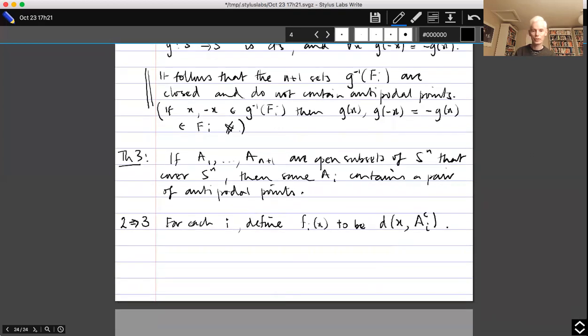And we'll also define f of x equal to the max over all i of f_i of x.